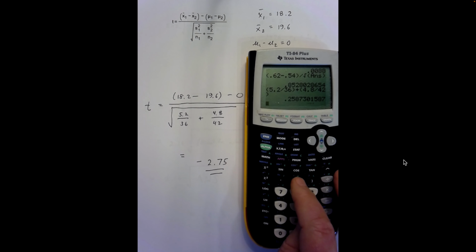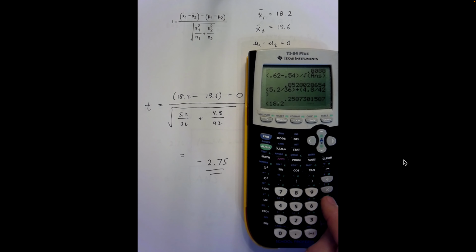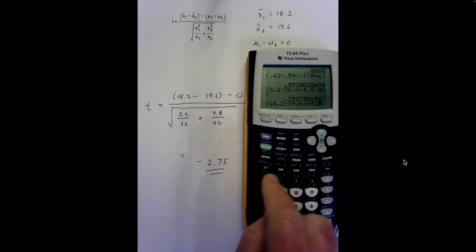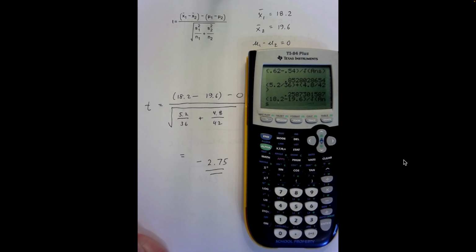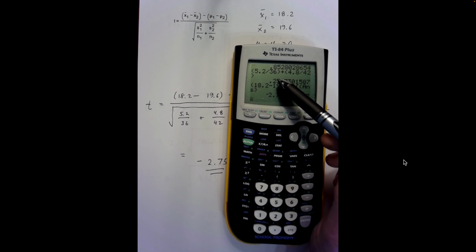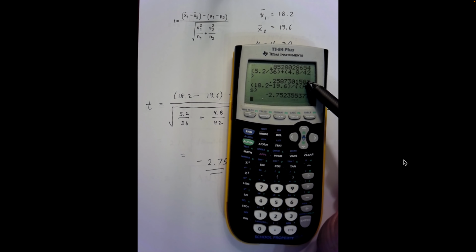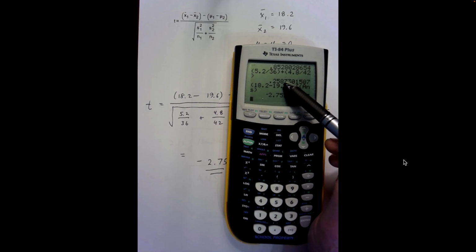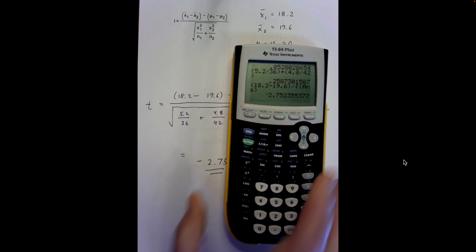Just as we did in the previous problem, I'm going to take 18.2 minus 19.6. In other words, enter the numerator, and then take the square root of the answer, close it with the parentheses, and I get negative 2.75. By using this entire decimal expansion and not rounding it to 4, 5, 6 places, it gives me more technical accuracy.